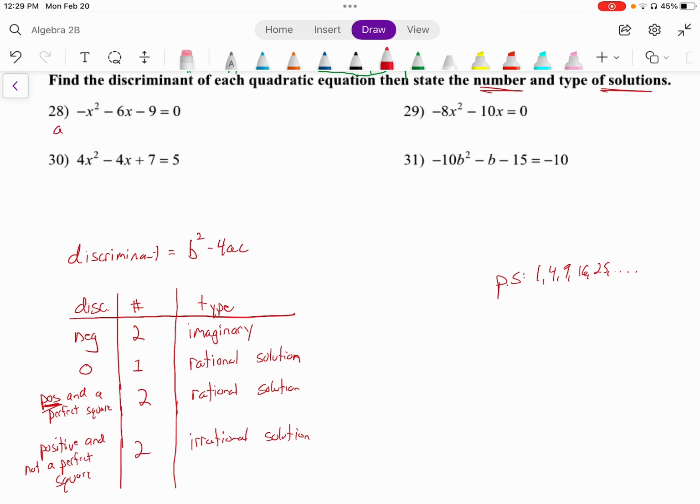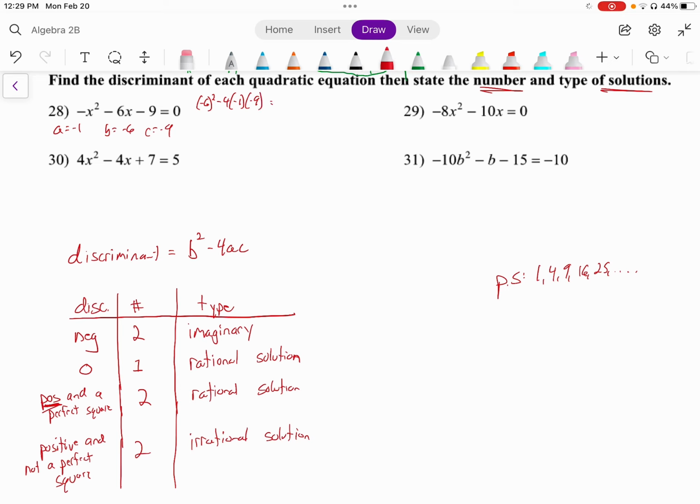Same idea, a equals -1, b equals -6, and c equals -9. Again, the directions say find the discriminant and then state the number and type of solutions. So the discriminant is b squared, so -6 squared, minus 4 times a, which is -1, times c, which is -9.